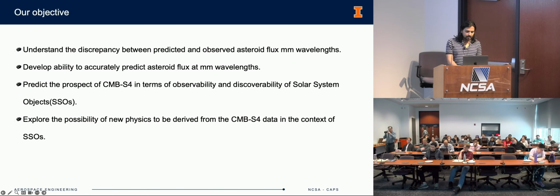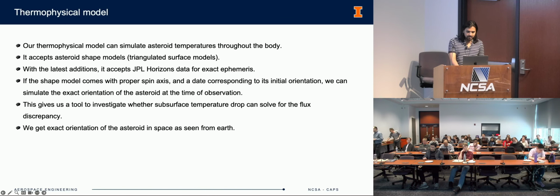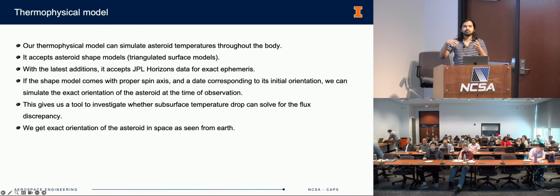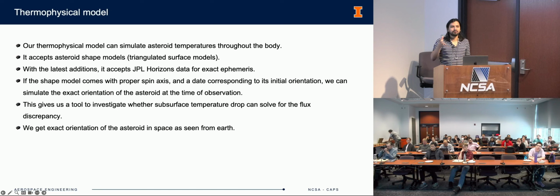Thanks. So we have a thermophysical model that can simulate asteroid temperatures throughout the body, not just on the surface. For that, it accepts a shape model for the asteroid. If we have enough data, like a radar shape model, the shape model would be a triangulated surface mesh, like objects in a computer game.